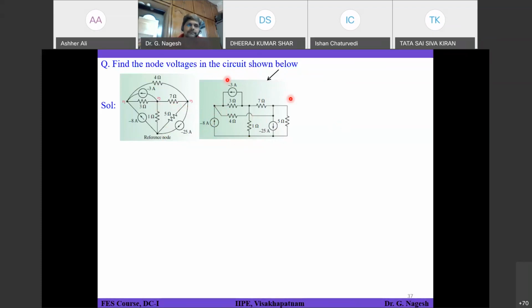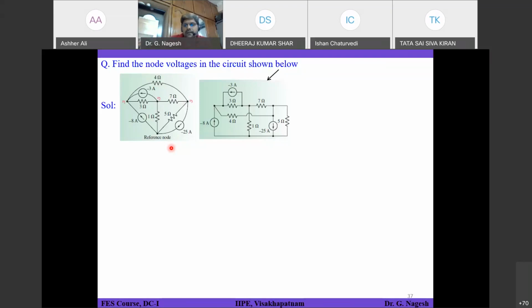Okay. So from this circuit, I think you will have a clearer picture. There is one reference node and 3 nodes, V1, V2, V3. So for this, you apply nodal analysis at node 1, you will get one expression. Nodal analysis at node 2, you will get one more expression. And nodal analysis at node 3, you will get one more expression.